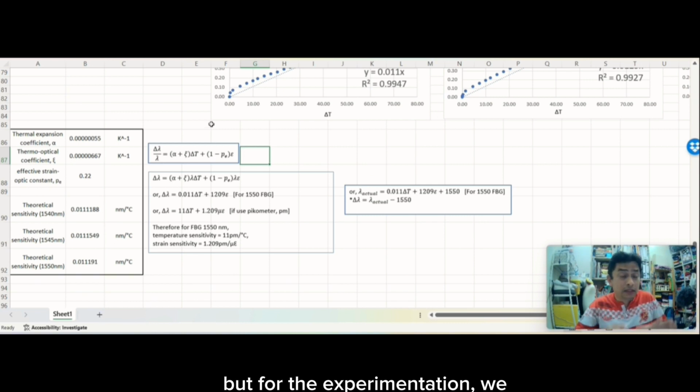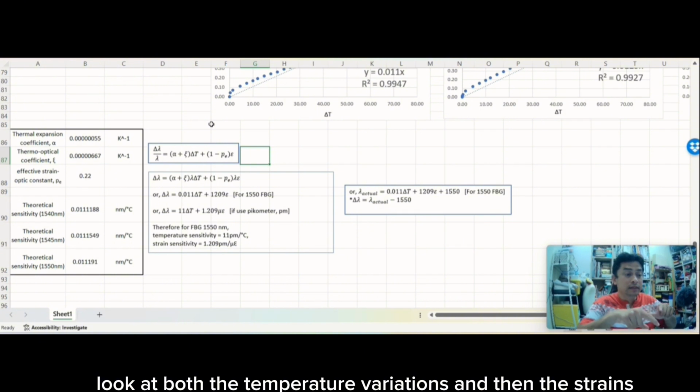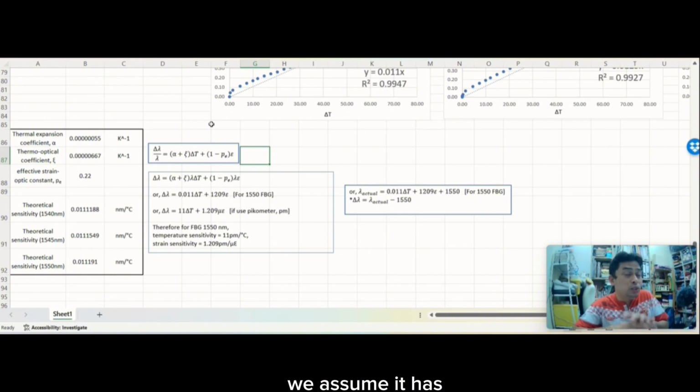But for this experiment, we look at the temperature variations, and we assume the strain has no changes; it's a fixed value.